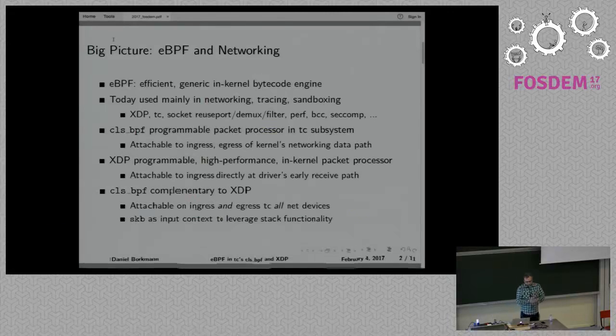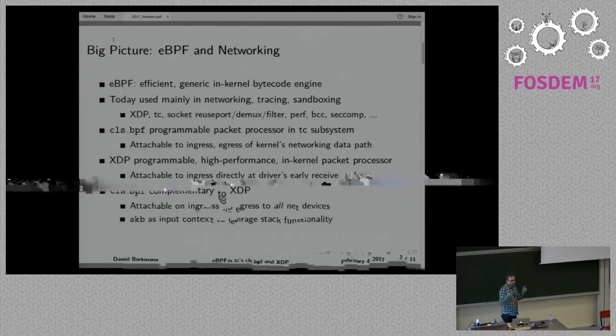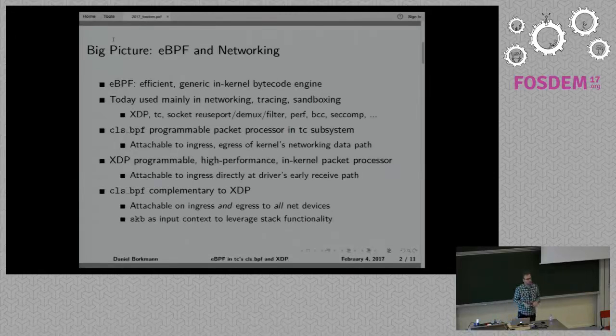So I will start with the facility that we have in TC. This is called cls_bpf or BPF classifier. It's called classifier for historical reasons, but it can do way more than just classification. So it's a flexible, programmable packet processor in the TC subsystem.